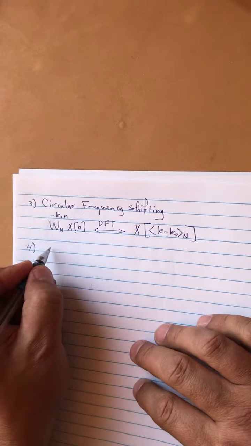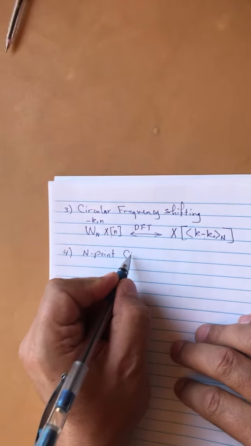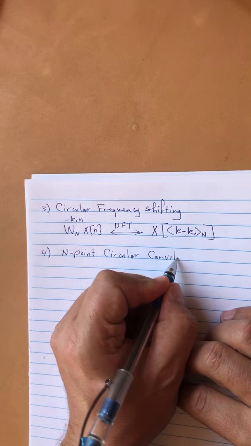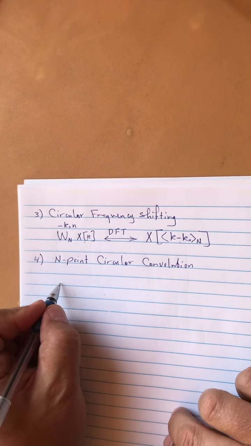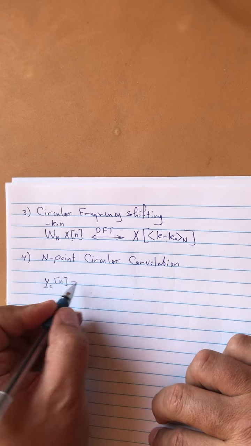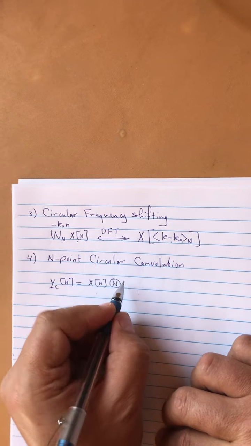It is the N-point circular convolution. Okay, and here y_c of n is the circular convolution resultant of x of n convolved with h of n.